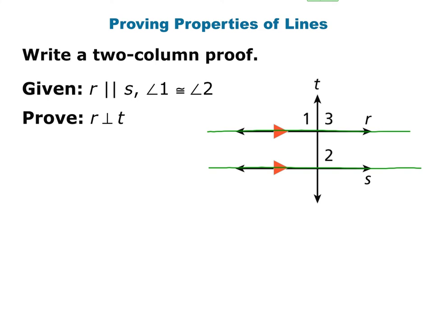Okay, what do you want to say about angle 3 and angle 2? Okay, does the theorem say equal? Congruent. Okay, congruent. So he wants to say angle 3 is congruent. I'm going to put angle 2 first. Angle 2, you'll see why in just a little bit. Angle 2 congruent to angle 3.